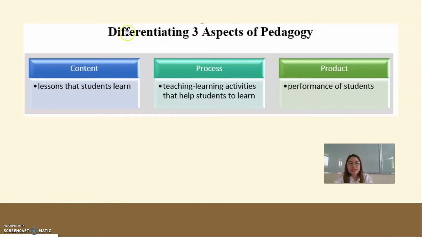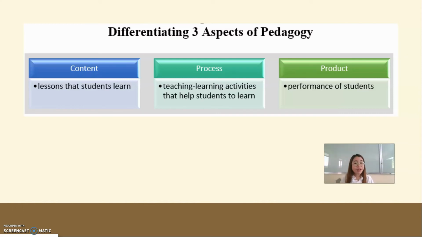Of course, after grouping the students according to their own interest and ability, the teacher will now consider giving varied activities based on the content, the process, and the product. As for the content, of course, we cannot give the same level of lesson to those group of students who are under needs improvement, to the average and to the advanced students.